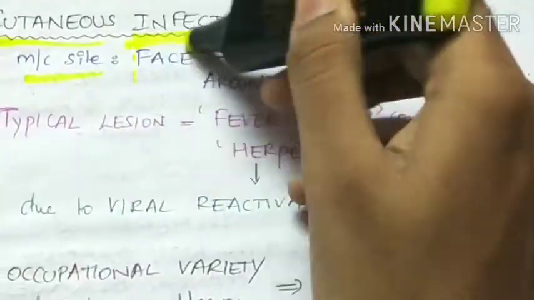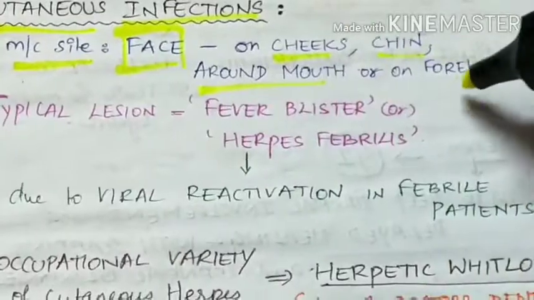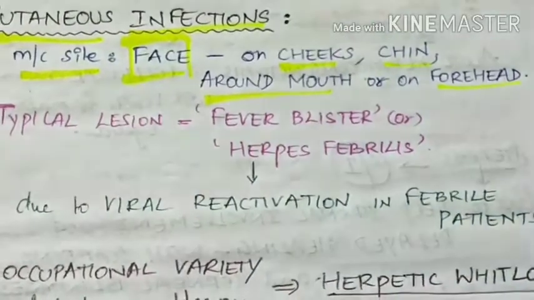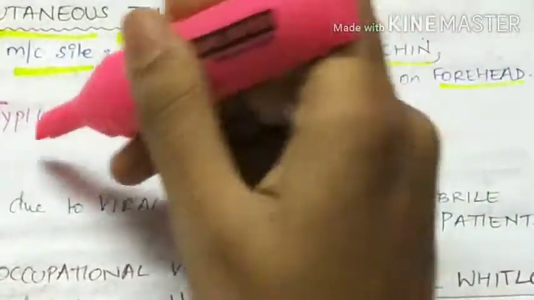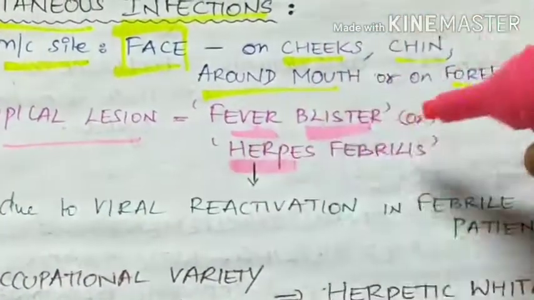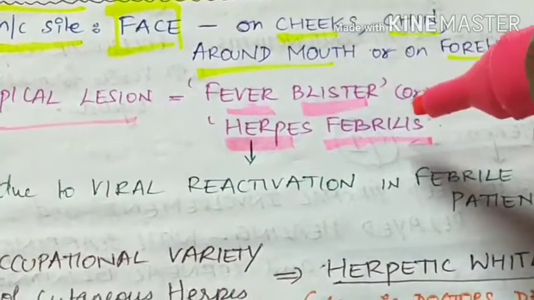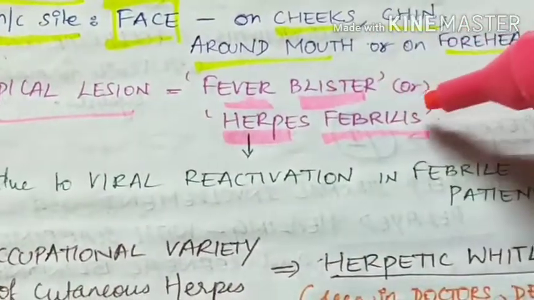The most common site of cutaneous infection is the face: on the cheeks, chin, around the mouth, or on the forehead. The typical lesion is fever blister or herpes febrilis. There is fever along with the lesion, so this is called herpes febrilis.